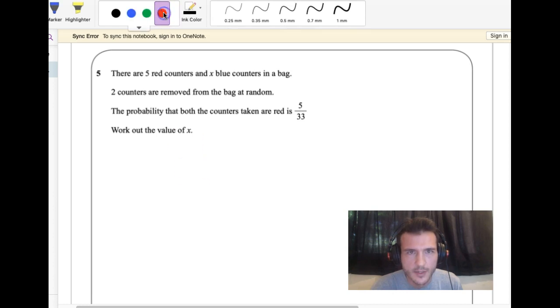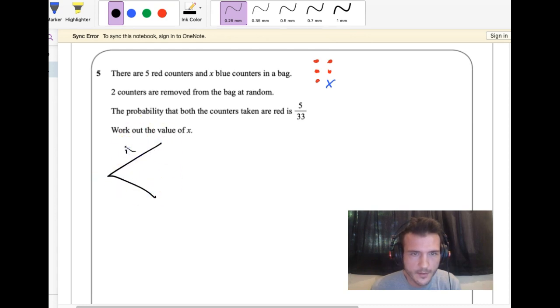So, let's put that in. We got 1, 2, 3, 4, 5 red counters and X blue. We'll draw our tree diagram.